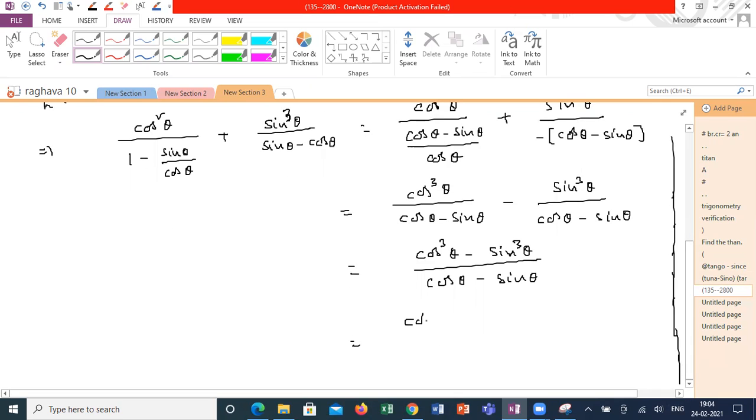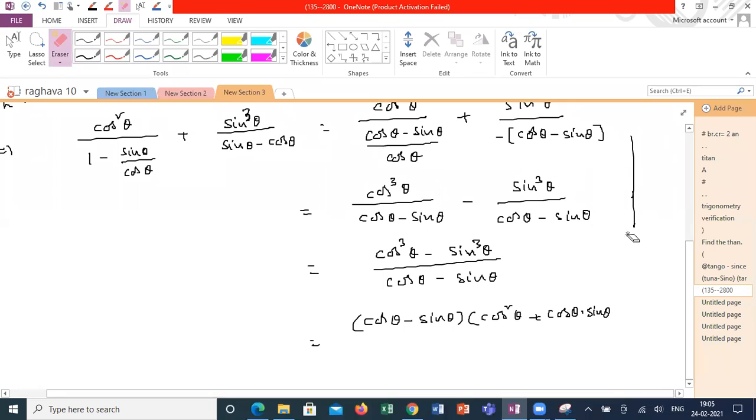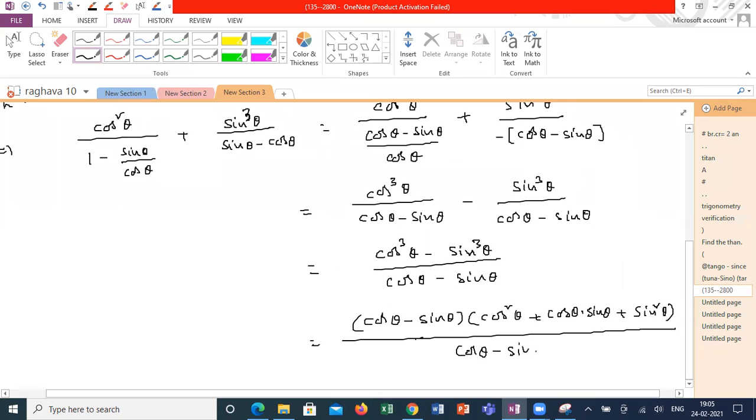So this will be cos theta minus sin theta into cos square theta plus cos theta into sin theta plus sin square theta, divided by cos theta minus sin theta.